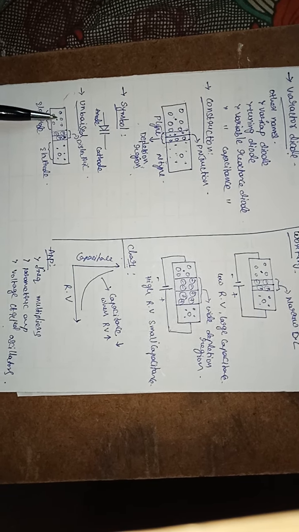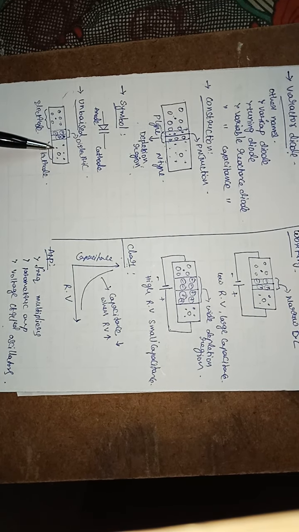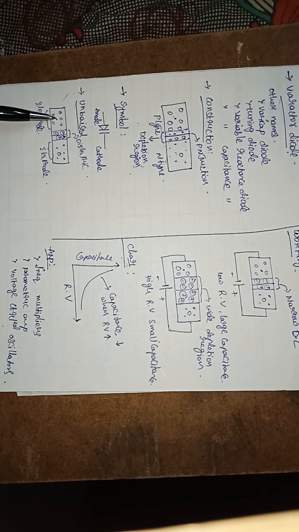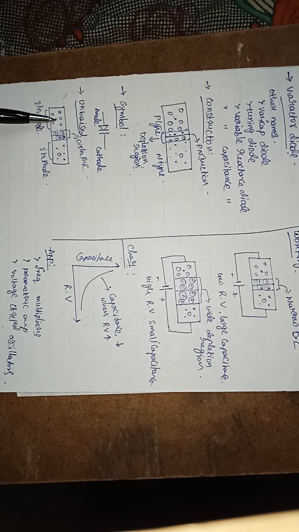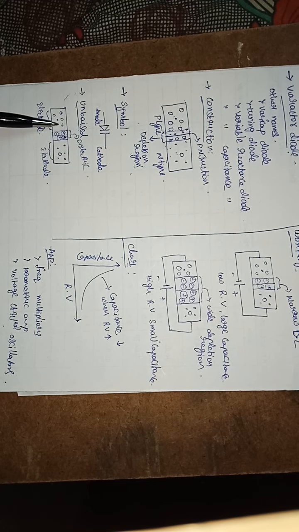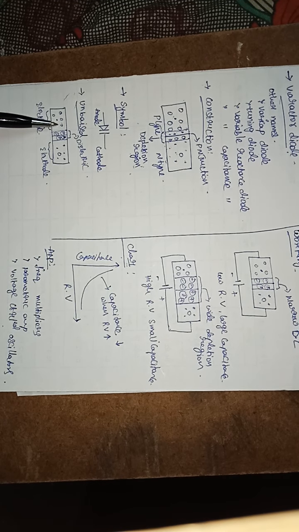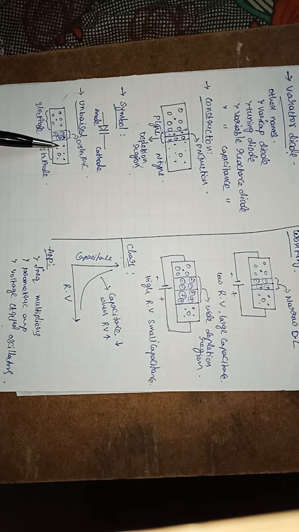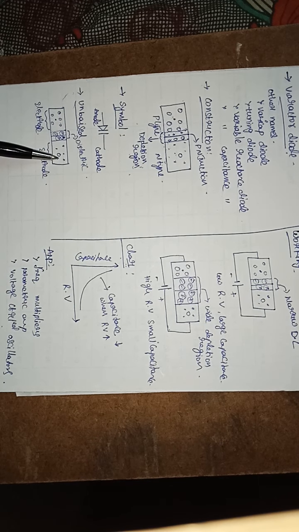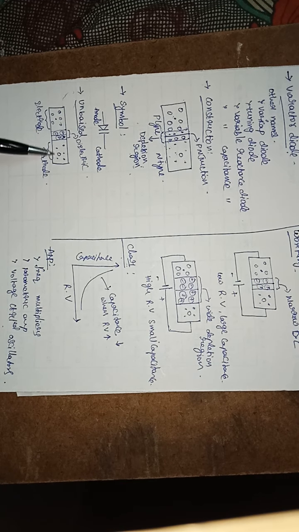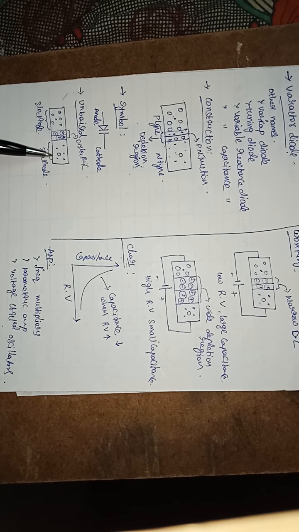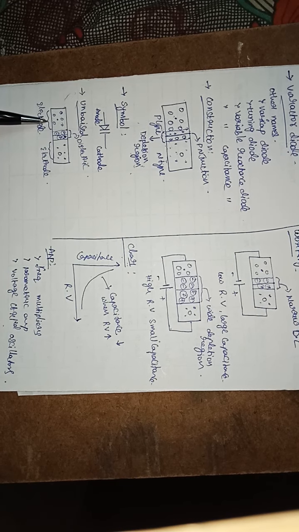That means they move from higher concentration to lower concentration. For the holes, the higher concentration is in the p-type region and the lower concentration is in the n-type region, and for electrons, the higher concentration is in the n-type region and the lower concentration is in the p-type region.